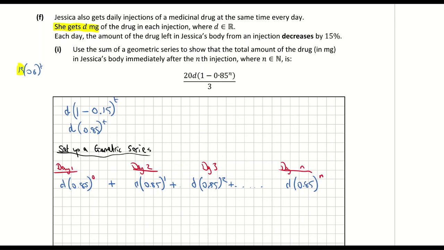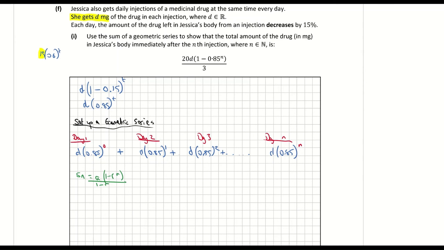So using our sum of the sequence or the series from our log tables on page 21, Sn is equal to a times 1 minus r to the power of n all over 1 minus r, which is giving us a first term a of d, because this is my first term technically, and 0.85 to the power of 0 is 1, and 1 times d is d, so my a is d.